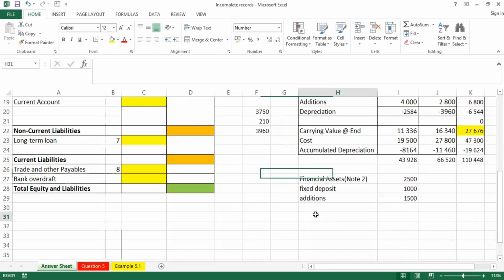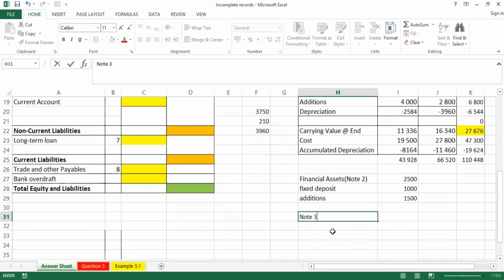Come here, and then move to number 3, which is our inventory.